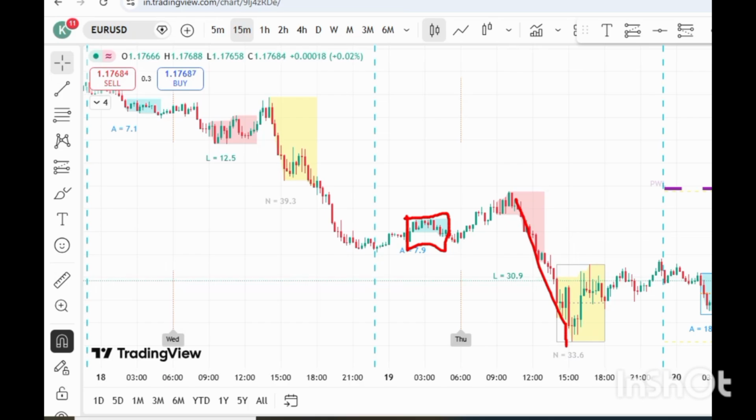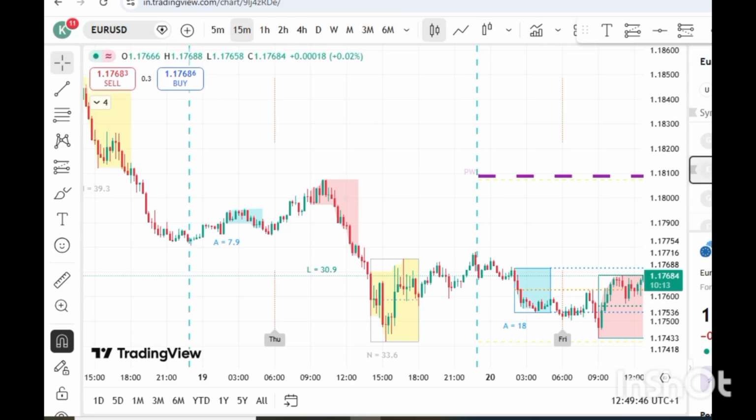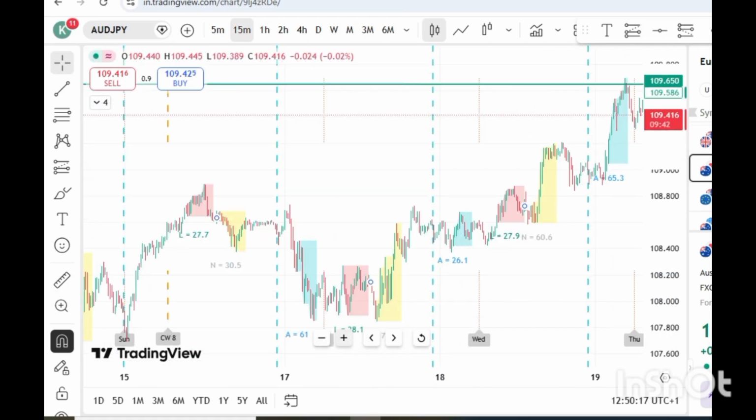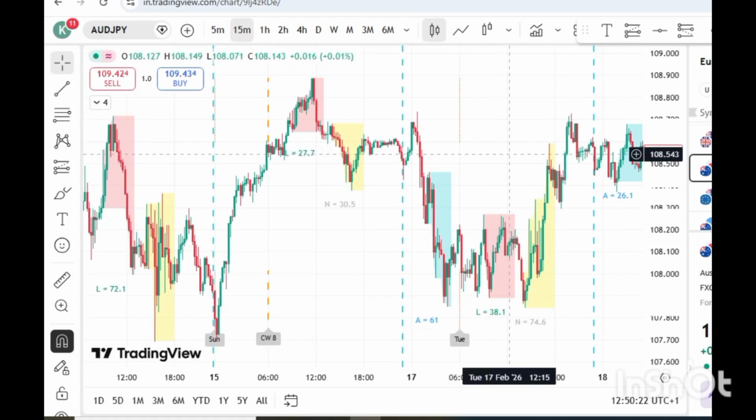Now for the type 3 type, let's go to Aussie JPY. Usually this type 3 doesn't present that often. So on Aussie JPY, look at it here. We had the 3 session W here. You can see we had the first green day on Monday. Then on Tuesday price traded below the closing price.